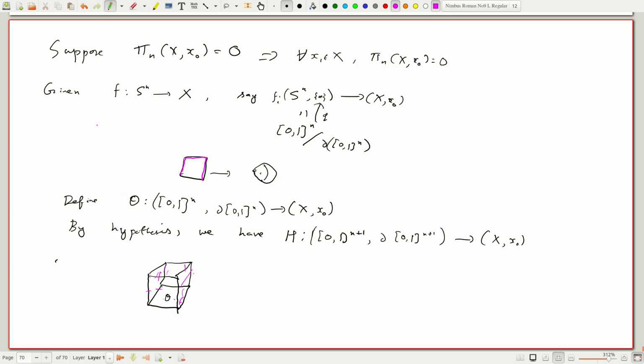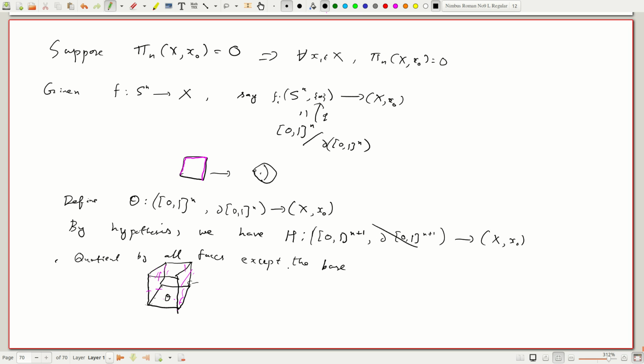Okay, so we quotient. This picture will become utterly unclear. So you take all faces except the base, quotient by all faces except the base. Sorry, this is not quite accurate. Let me strike this out. It's not quite an entire boundary. The base, only the boundary of the base goes to the identity, but all the sides go to the identity, and the top goes to the identity because we have a homotopy to the identity map.